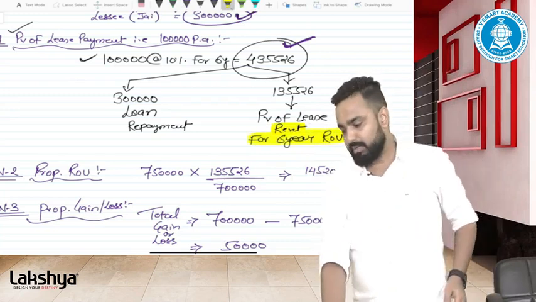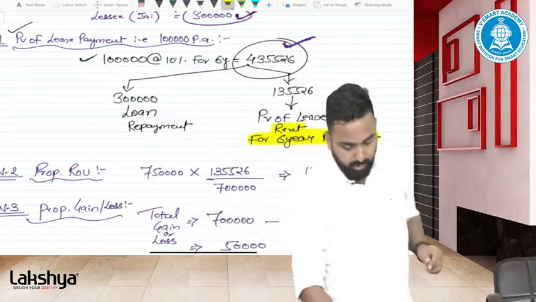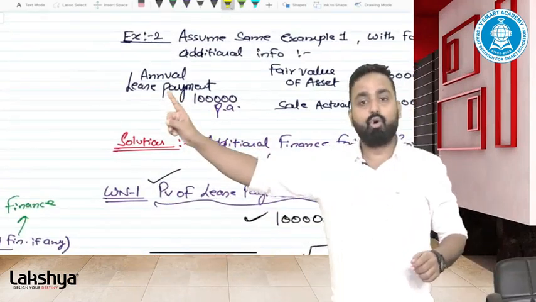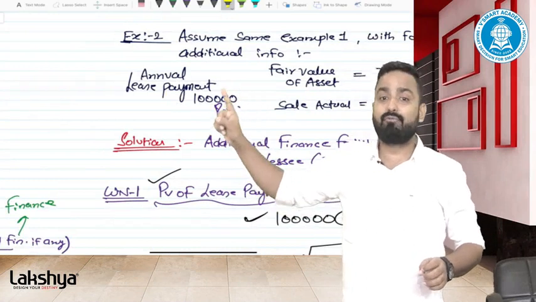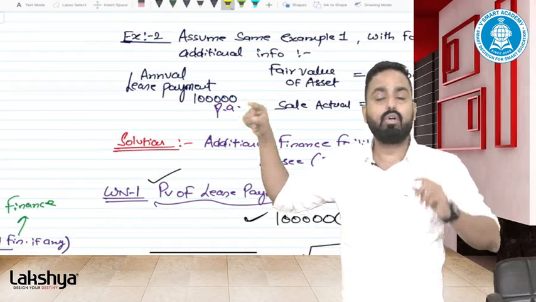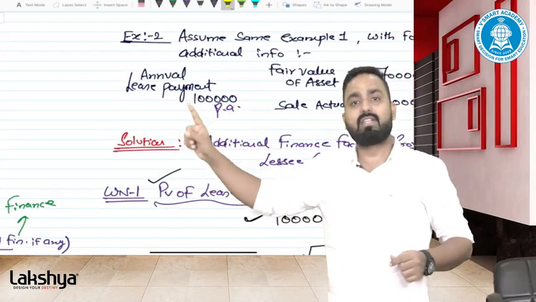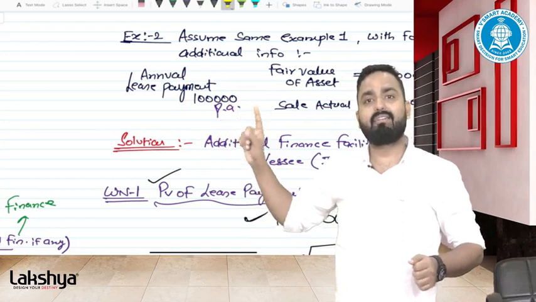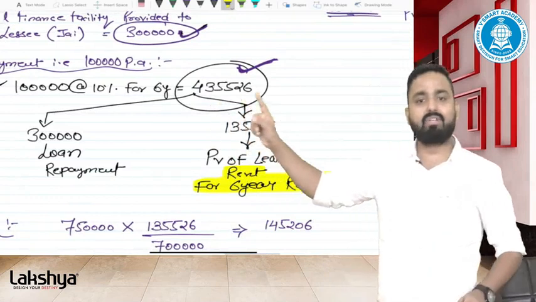Now have you got my point? What to do? What is the first step? The overall annual lease payment includes the repayment of loan also, additional finance also. So first of all, we made a present value calculation. The sum of present values of 1 lakh, 1 lakh, 1 lakh, 1 lakh, 1 lakh at 10% for 6 years will be 4,35,526.